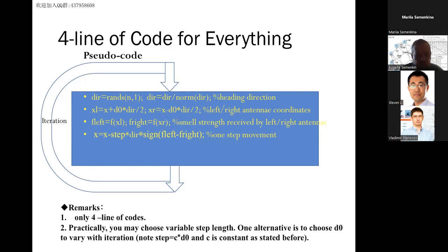Because it seems like, okay, if the left side has a higher value, I just turn left. If the right-hand side has a higher value, I just turn right. This simple behavior may generate local optima. Is it possible for this algorithm to reach the global optimum? The answer is yes.